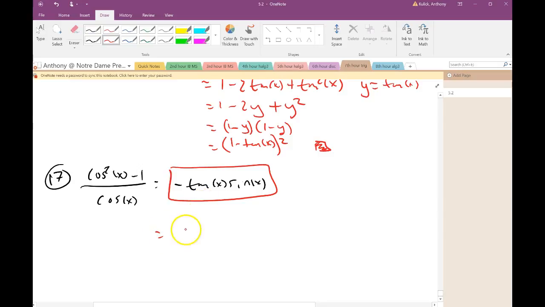I'm going to start by rewriting tangent in terms of sines and cosines. And when I multiply those two things together, when we multiply fractions, we multiply the tops together and the bottoms together.